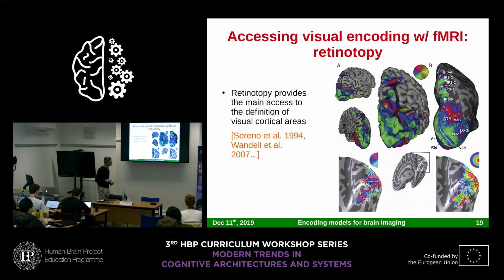And same thing for the ventral visual cortex, going from the occipital to the temporal regions. You've got different visual regions, V1, V2 ventral, V3 ventral, V4, and then ventral occipital regions. And you see how the polar angle information is mapped on these regions, and similarly, how the eccentricity information is mapped on these regions. Okay, so this is a key experiment in which we really see some functional structure on the cortical surface through fMRI.